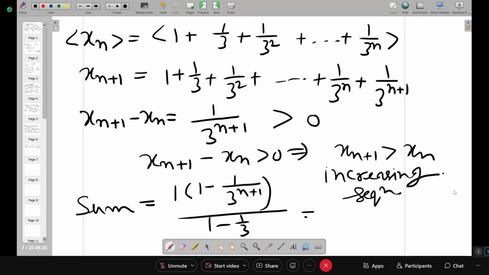So the sum of this sequence is given by the sum of the geometric series. Okay. So here, if you compare, this is 3 by 2 times 1 minus 1 upon 3 to the power n plus 1. Okay, because this is an increasing sequence, if we take n tending to infinity, then here we will get 3 by 2.